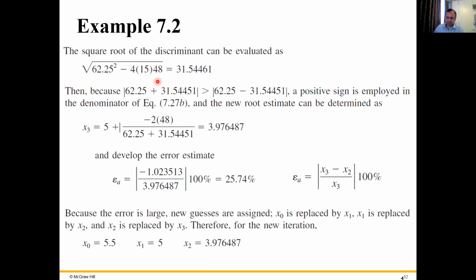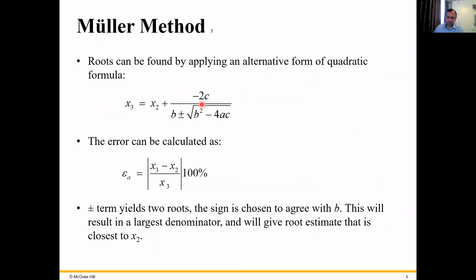So whichever the value, if the absolute value of this will be greater than this difference absolute value, then our conclusion is that in this equation, for example, for x3, we will employ the positive sign for this square root term, not the negative sign, because the negative sign in this case will give us this smaller denominator.